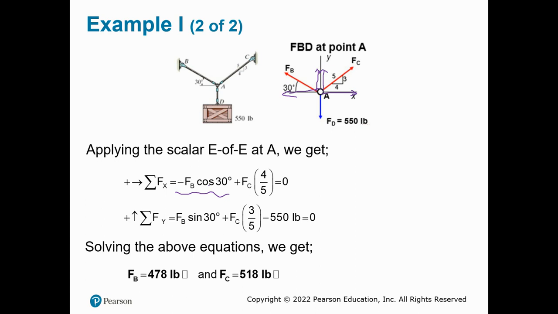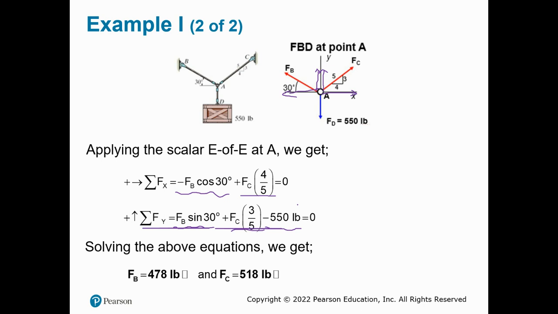It's got a negative value. FCX, this is your FCX. Okay, it's going toward the right direction and it's positive. And then your Fy, you have FBY going up, positive, and you have your FCY going up, positive, and the only force that's going down vertically is negative 550 coming down.